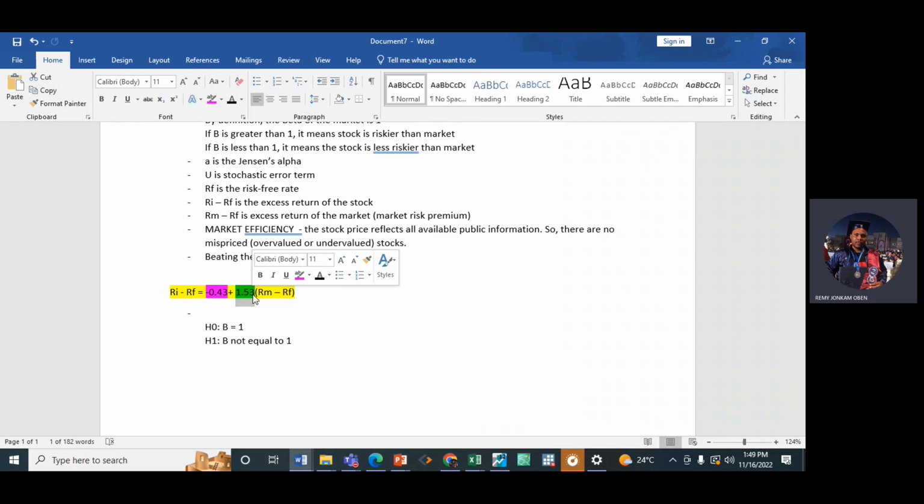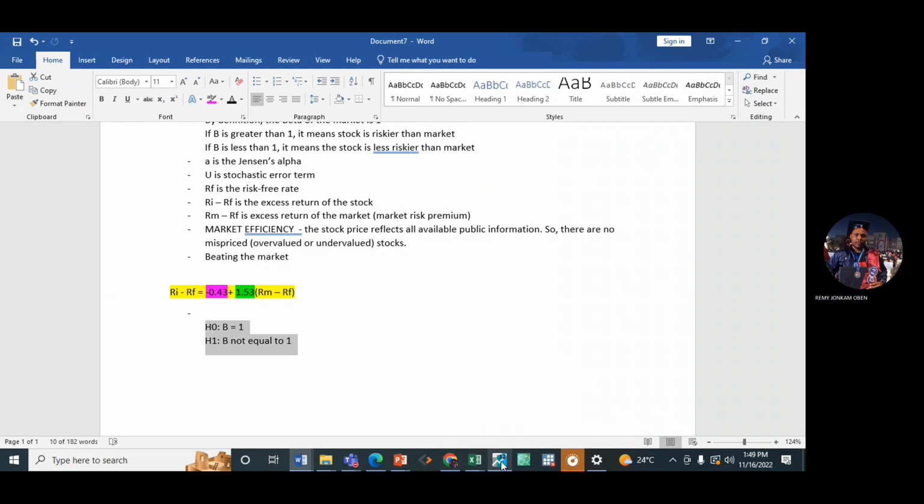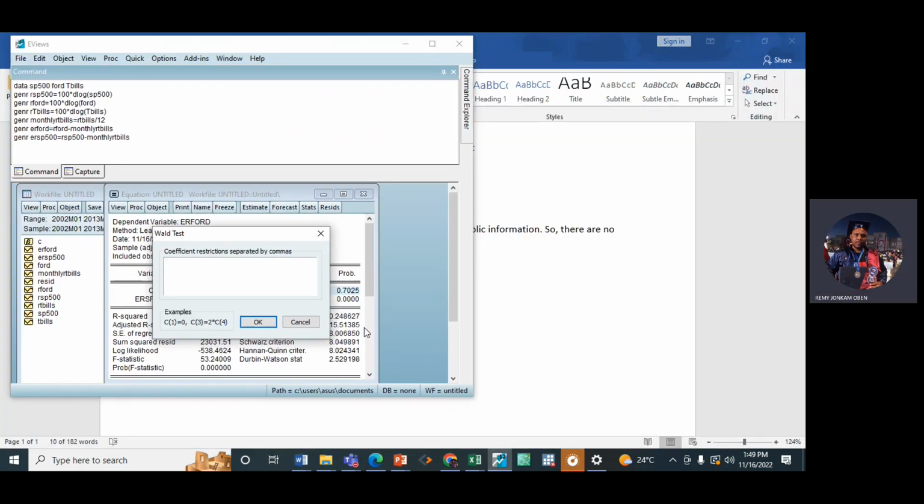C stands for coefficient. So we are interested in this beta, which is the second coefficient, and we want to put a restriction for it to be 1 because we want to test the hypothesis equal to 1, different from 1. So here I should just put C1, sorry, C2, it should be C2, right? Because the second coefficient equals to 1.